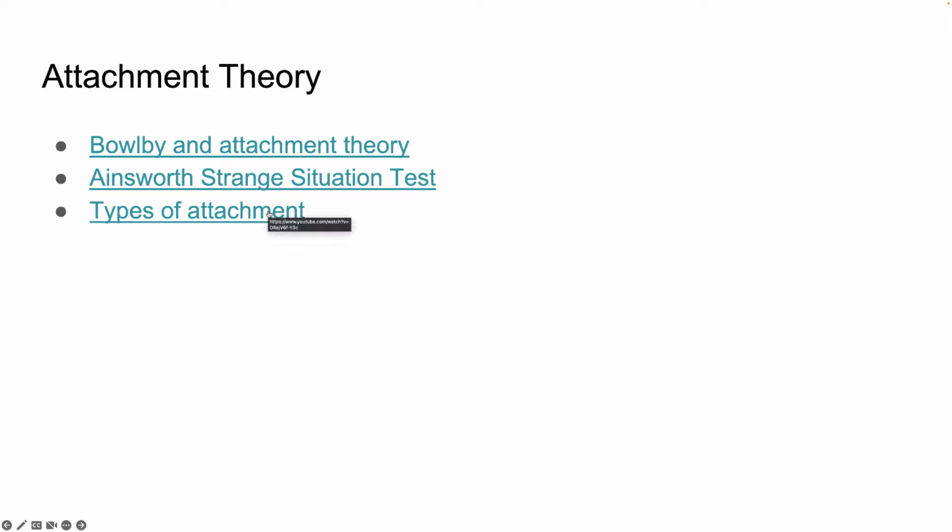The types of attachment one, and Ainsworth was a student of Bowlby's and developed a way to test for Bowlby's ideas about attachment. And then there's definitely some overlap with this one, but this one talks about different types of attachment, secure, insecure attachment, and so on.